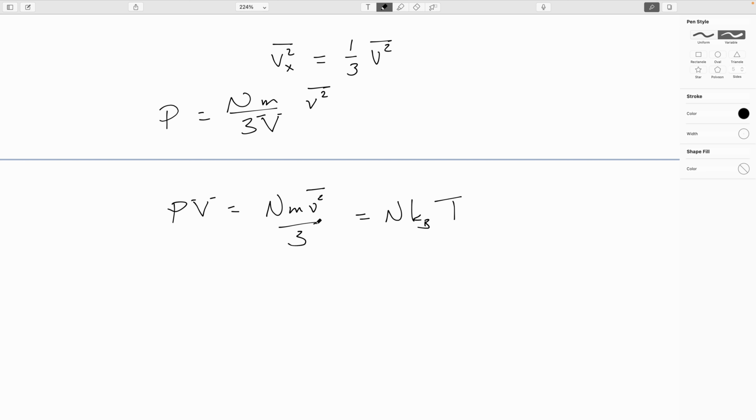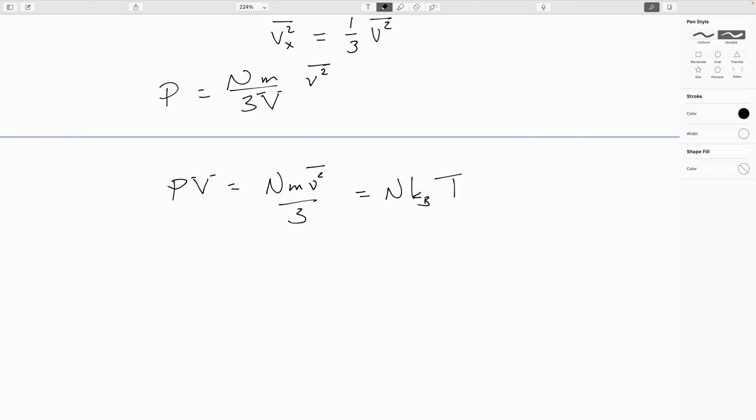And we'll justify that a bit when we get back into thinking about heat transfer and connecting back to the Zeroth Law of Thermodynamics. But for the moment, we can say this equals this.